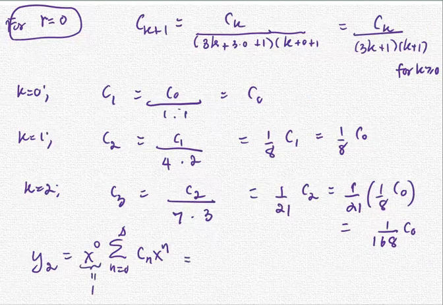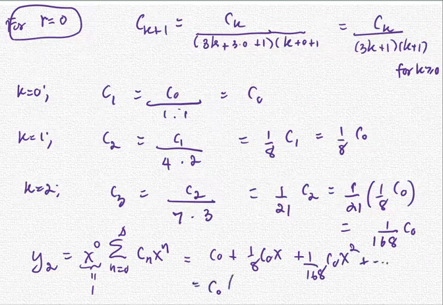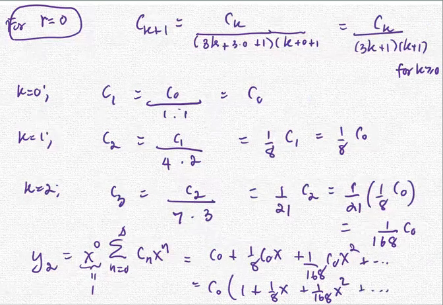Therefore, we have y2 in the form of c0 plus c1, which is 1/8 c0 times x, plus 1/168 c0 times x squared, and so forth. Factor the c0 out, we have the fundamental solution as 1 plus 1/8 x plus 1/168 x squared, and so forth.